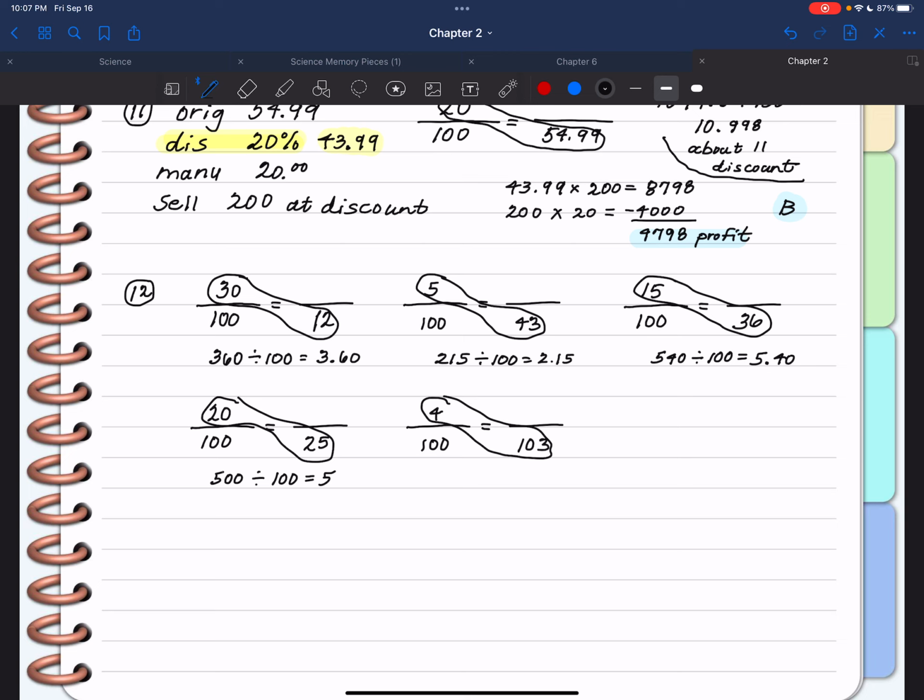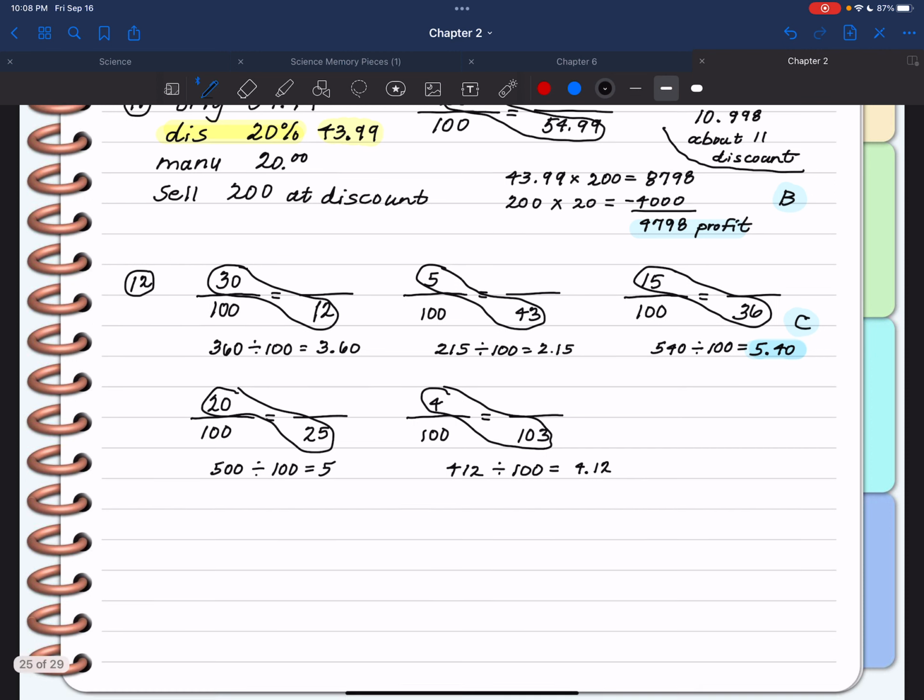We might have a winner on this one, or we might not. Oh, 412. Not a winner. Looks like the highest one is going to be C, the $5.40. So let me highlight that so I can find it easily when we check.